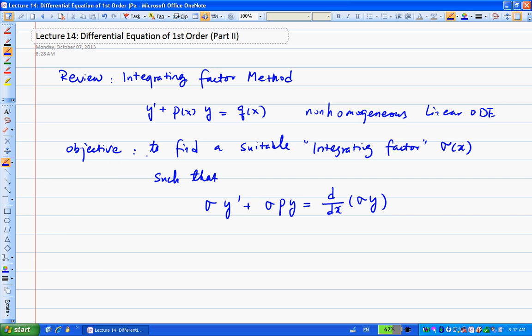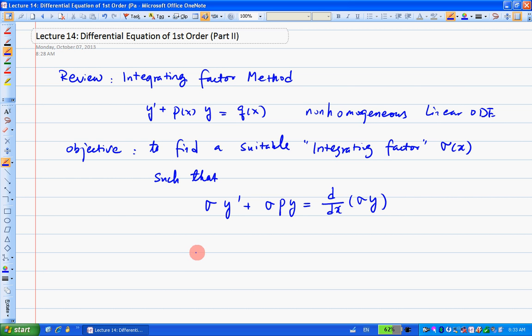So the objective is we're trying to find a suitable integrating factor sigma of x, so that when you multiply sigma to the left side, the left side can be rewritten into this format here. If we can do that, then basically we can integrate this differential equation.